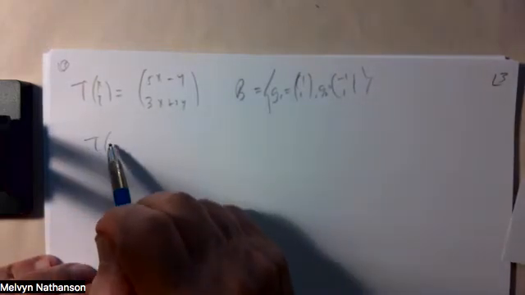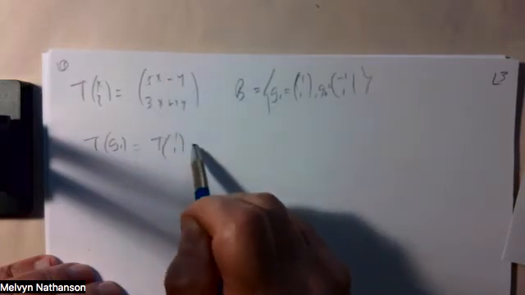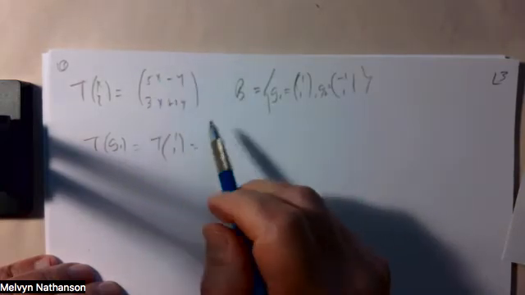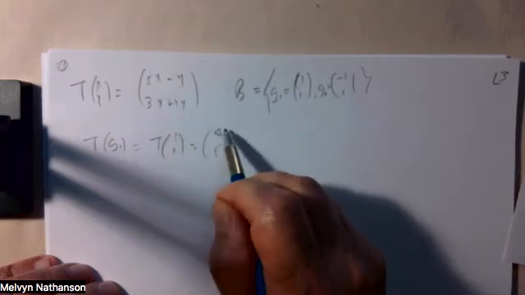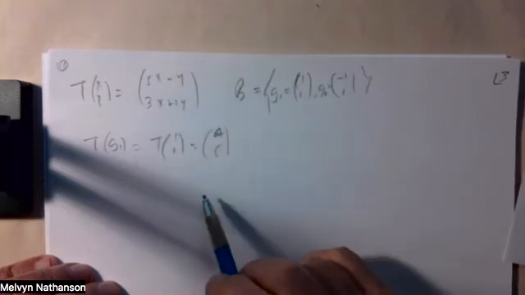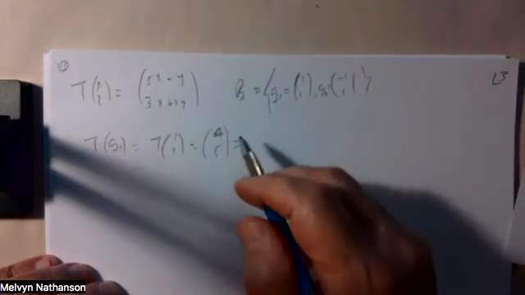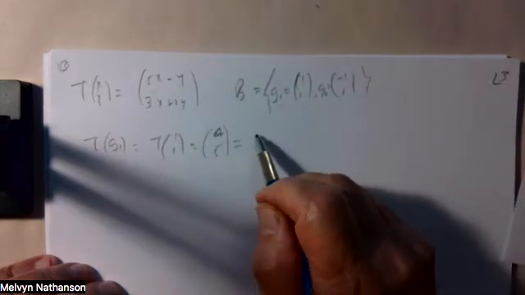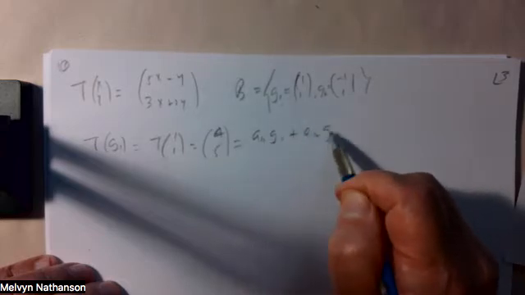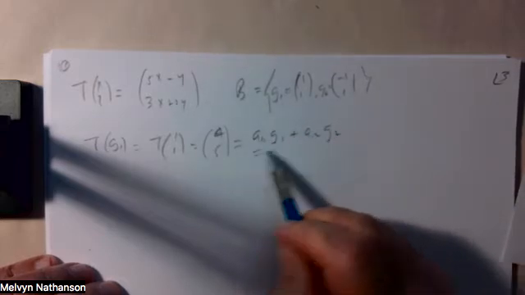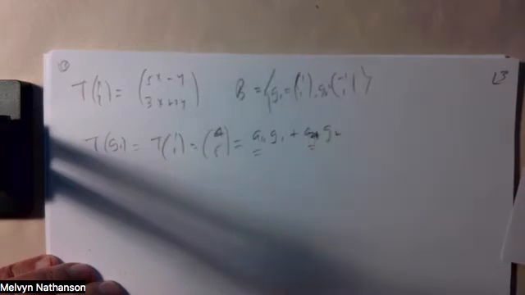So what is T applied to the vector G1? That's T of (1, 1). When x and y are 1, you get 5 minus 1 is 4, 3 plus 2 is 5. I get (4, 5). But I want to write this as some linear combination of my basis vectors. I want to write this as A11 G1 plus A21 G2.